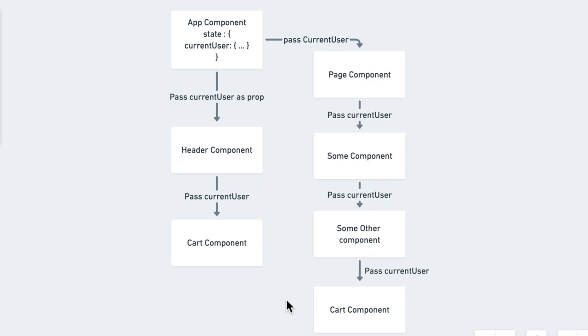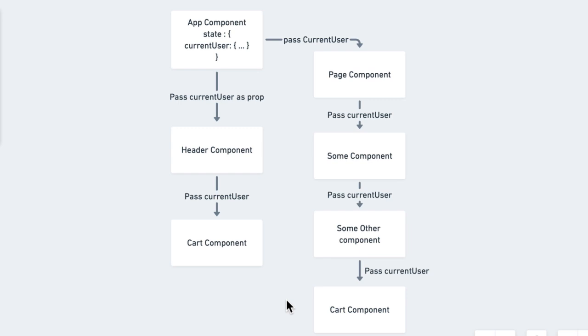Now, this is going to be pretty much the same kind of solution that Redux provides for us as well. The only difference is that here we're not bringing in that Redux library, or the React Redux library for that matter. We're only leveraging React in order to solve this prop drilling problem, because the Context API comes with React. And I'll show you how we'll do it.